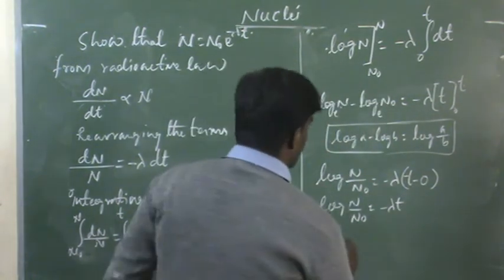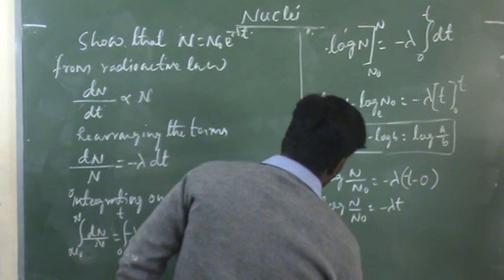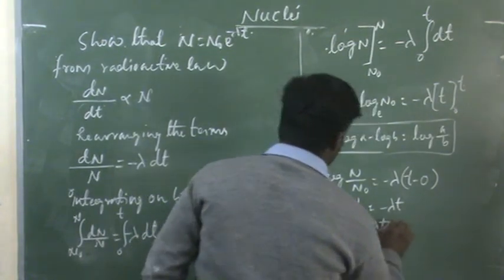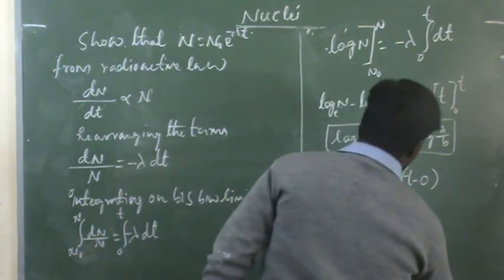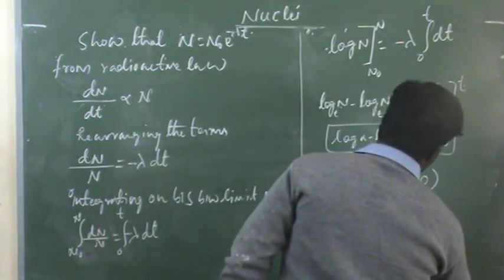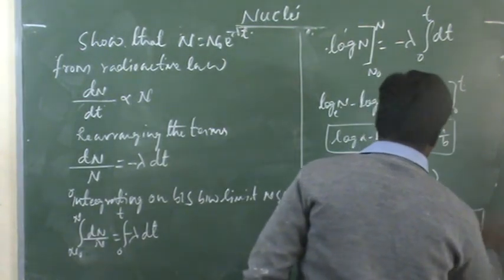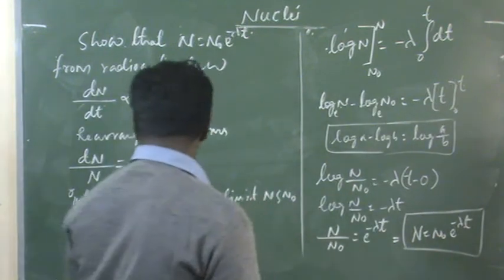Taking the exponential, N by N naught equals e to the power of minus lambda t, so N equals N naught e to the power of minus lambda t. This is the final expression we got.